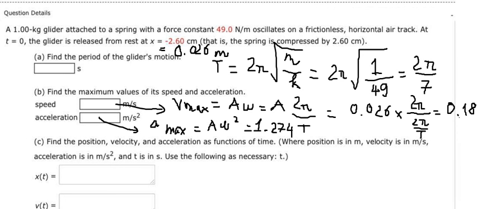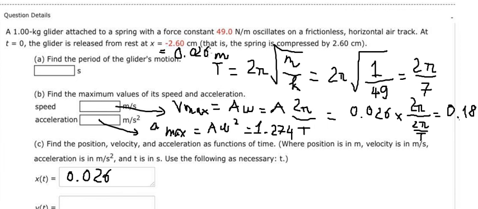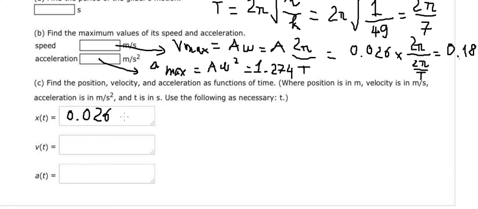Now let's go to the next one. We want to create the function for position, velocity and acceleration. So the answer in here is 0.026 and we put cosine of omega t. Omega we calculated is about 7, so cosine 7t.